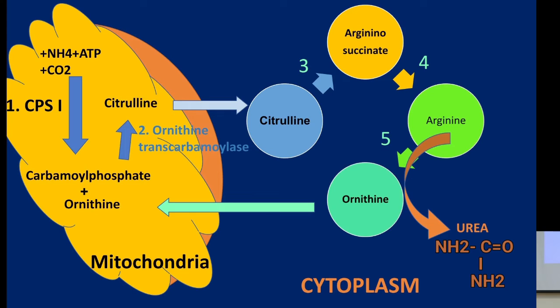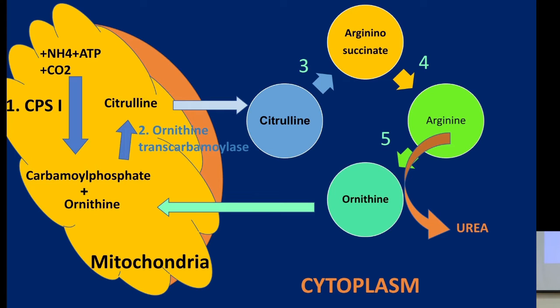And that's why this is called a cycle. Kind of just like the TCA cycle, you have to regenerate what you started out with. We started out with carbamoyl phosphate and ornithine. Now we regenerated ornithine, bring it back in, and this way the cycle can continue.